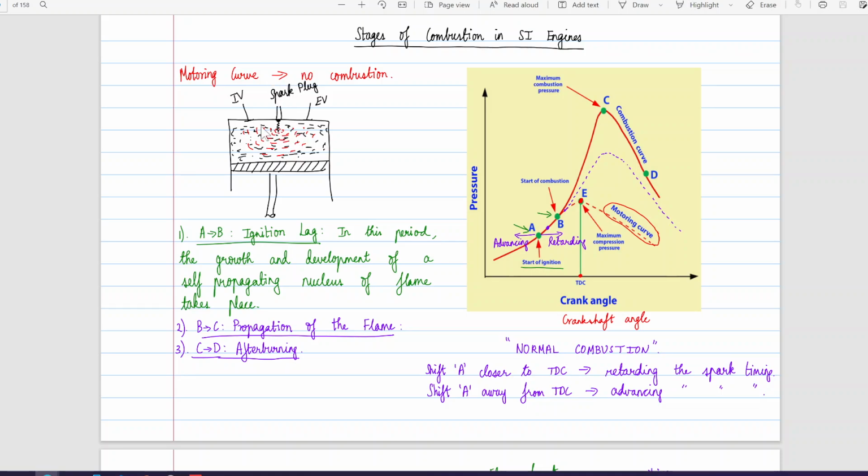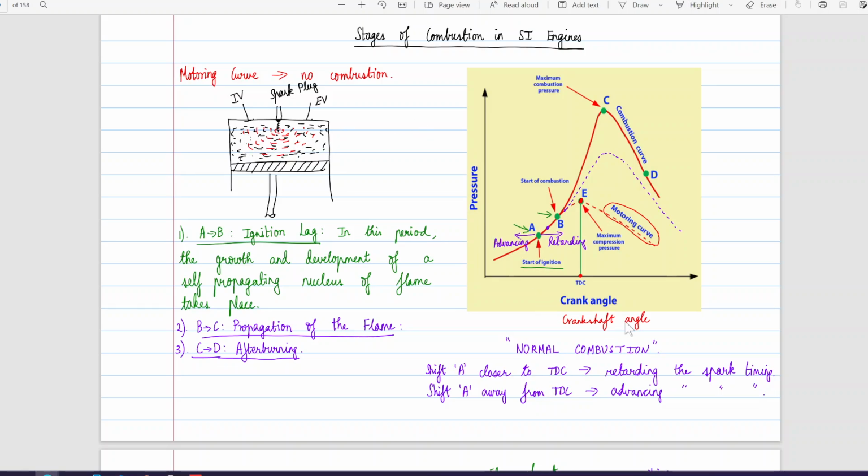In a spark ignition engine, we have a spark plug, the inlet valve, and the exhaust valve. When the air fuel mixture is compressed, the spark plug generates a spark, which results in the process of combustion.